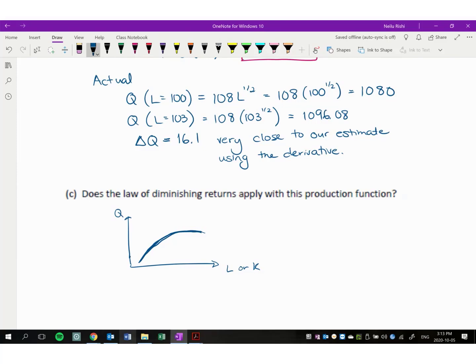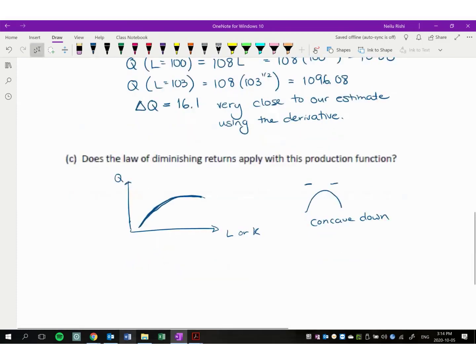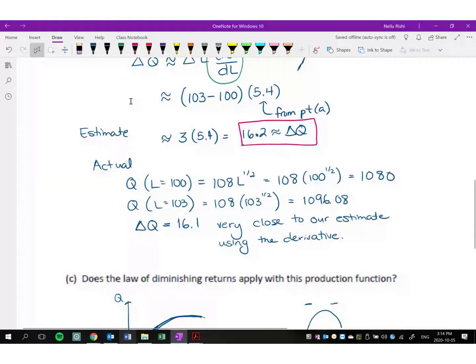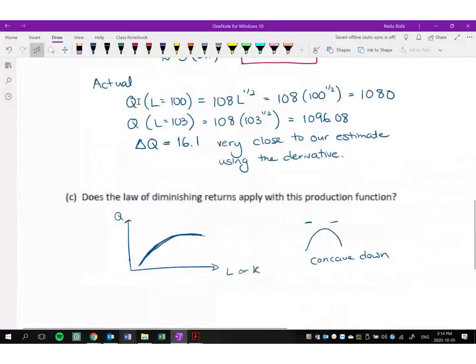It applies when the shape is concave down. In other words, the second derivative has to be negative. So I'm going to prove that the law of diminishing returns applies by showing that the second derivative is negative.